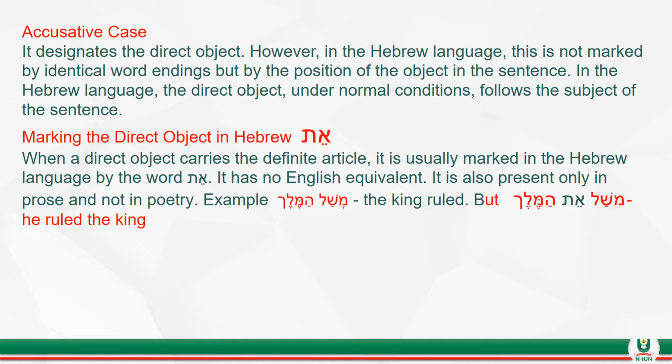It is pronounced as et in Hebrew language. That's the aleph, sere, and tau, pronounced as et. Anywhere you see it, it tells you that the next word following it is the direct object of the sentence, and it's very important, especially when the definite article is used.